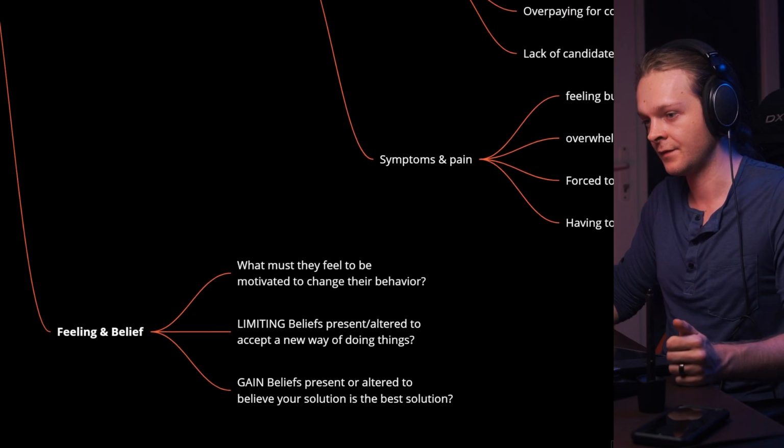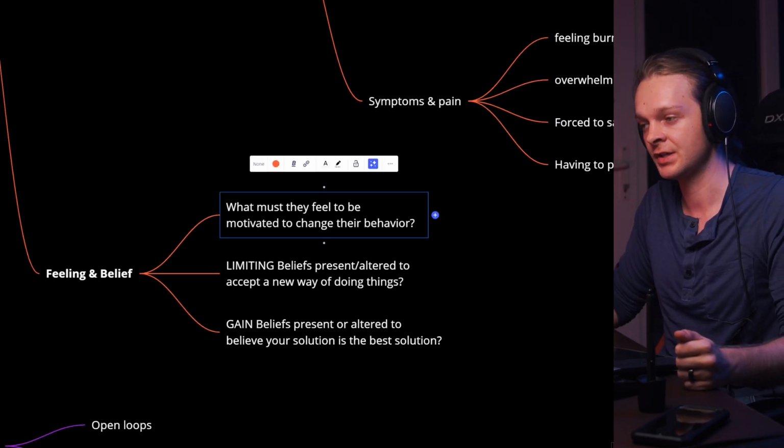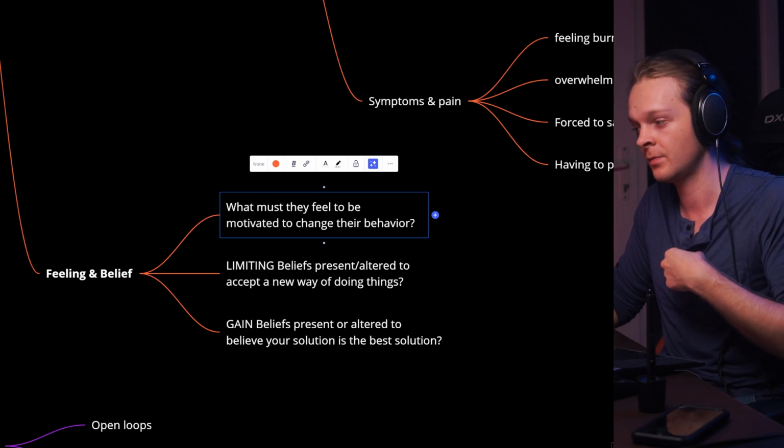So that's where you can dive even further and ask yourself, first of all, what must they feel to be motivated to change their behavior? There's got to be some form of feeling, because if it was just for information, everybody would be making millions. The information is out there, right? If you want to make 10K per month with your creative business or production company, then the information is out there.